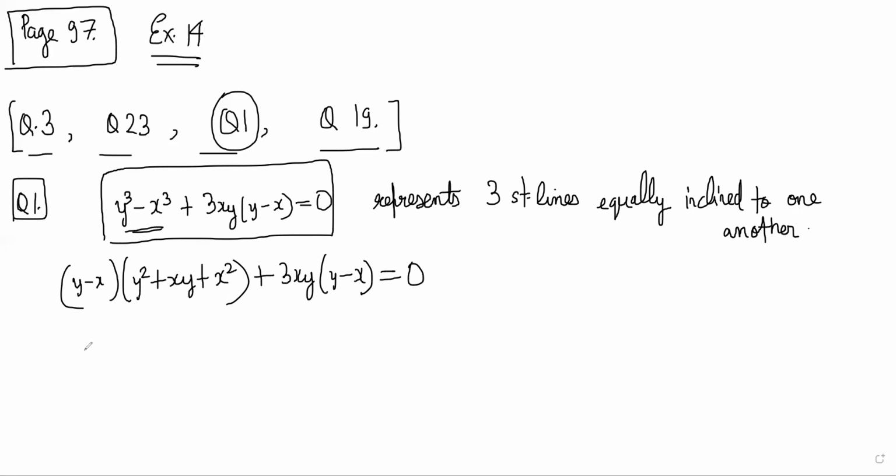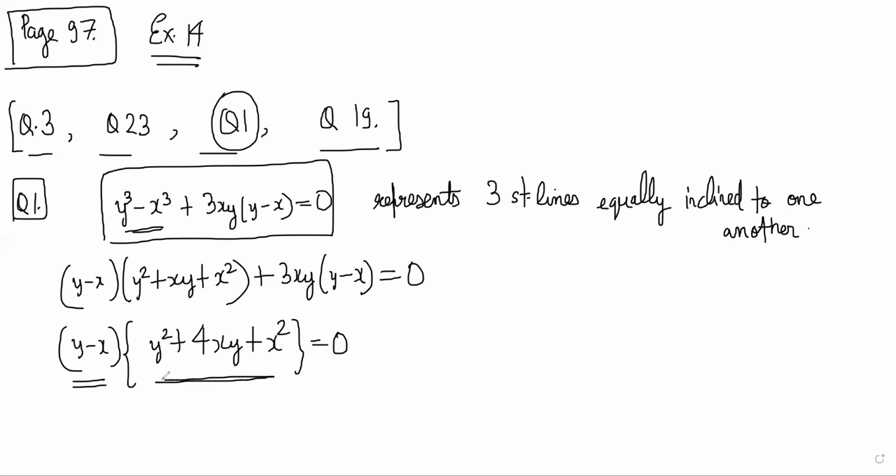You can take y minus x common here and it will become y square plus 4xy plus x square, right? So obviously one of the lines is y is equal to x, right? The other two lines will come if we solve this quadratic.